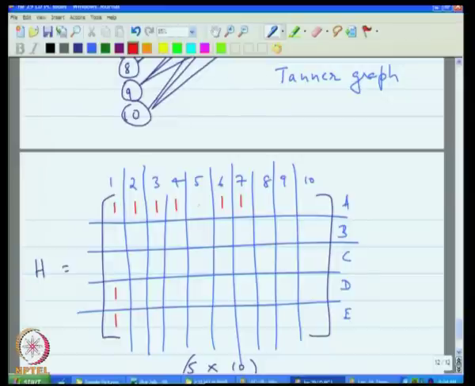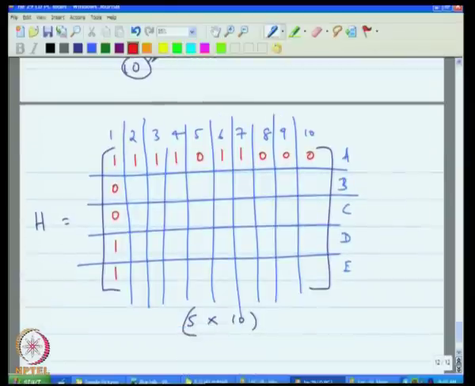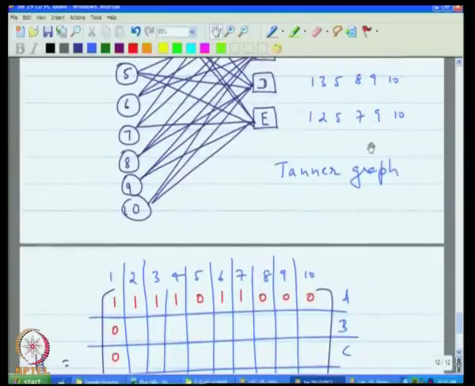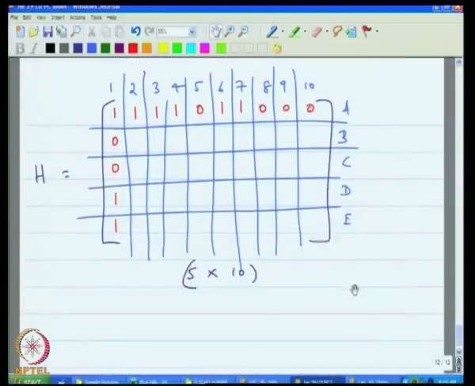Wherever the remaining symbols are 0. In this way you can fill up the entries of the matrix, and what you will notice is that this is an instance of a dV-dC regular code, because every row will turn out to have Hamming weight 6 and every column has Hamming weight 3.